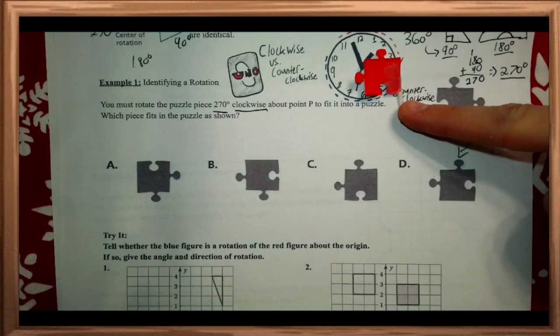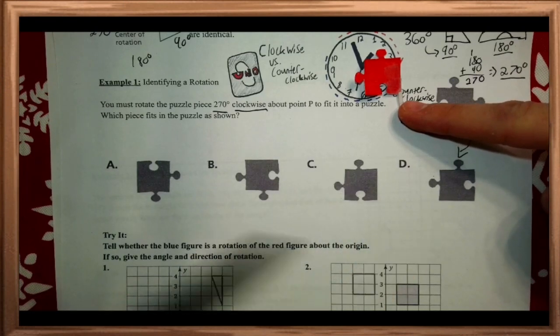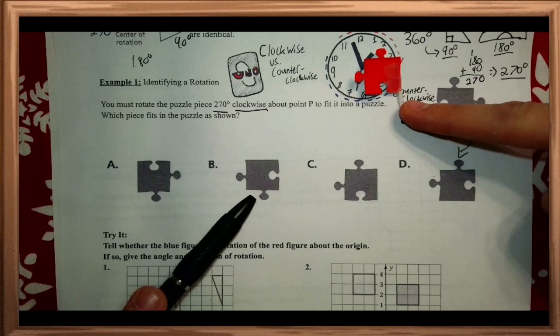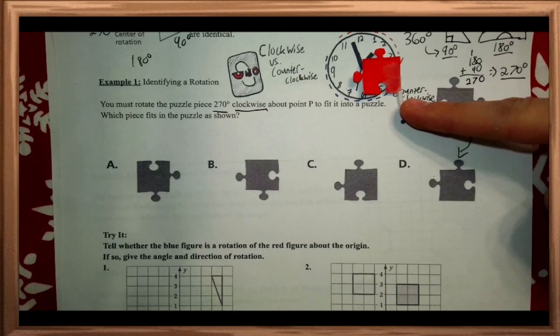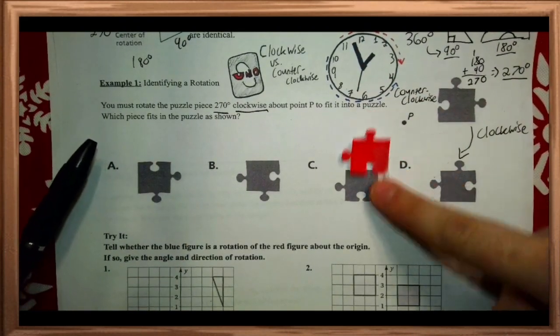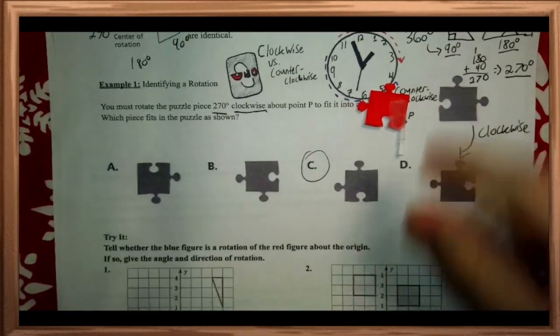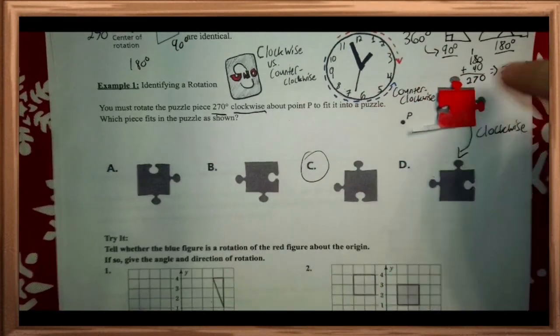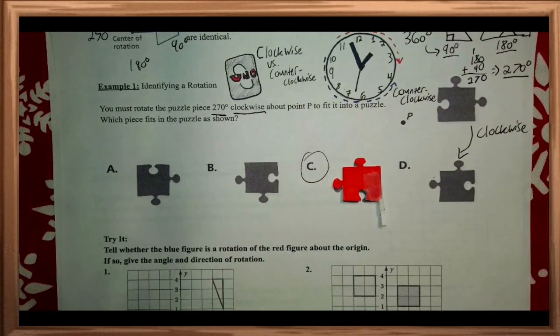Now we answer the question: which piece fits what we have? Is it A, B, C, or D? Well, it's C. We've rotated it 270 degrees clockwise, and the shape we ended up with was C.